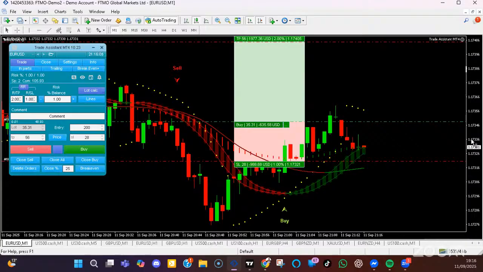But right now we are on the EUR USD once again, looking at a buy. Didn't look too good at the moment though, but it ain't over till it's over. And indeed, the trend line did go green. So we got a buy alert, green wave.